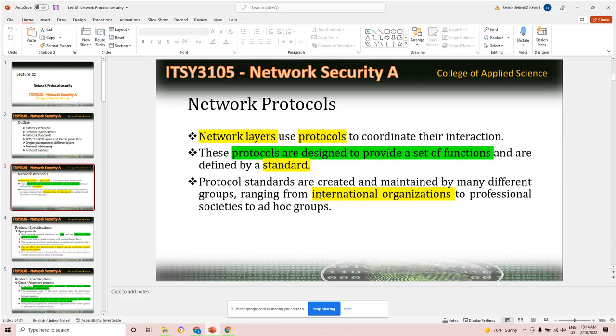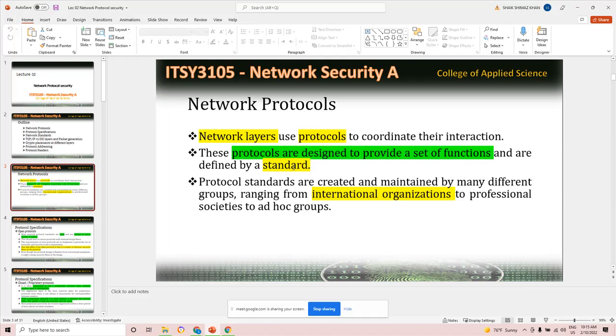So some organizations like IEEE, IETF, there are many organizations, and what these organizations do is define the standard. When they define the standard, the protocol developers have to design the protocol according to the standard, so that there can be interoperability.